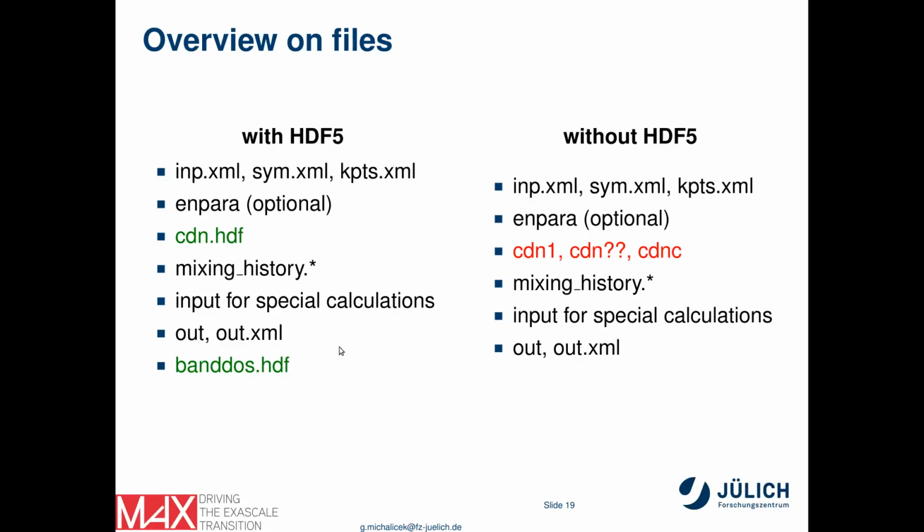And if we do density of states calculations or band structure calculations, you get some output on the respective data. And if you compiled Fleur with HDF5, you get this additional file band.hdf, and this actually includes some additional data, like for example weights that are related to the projection of your states onto certain atoms and so on.